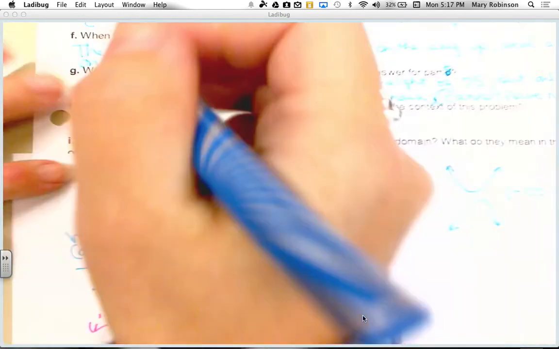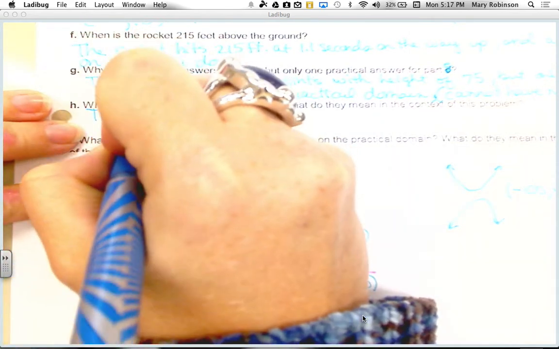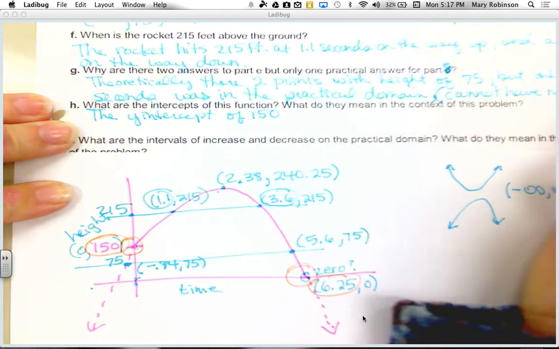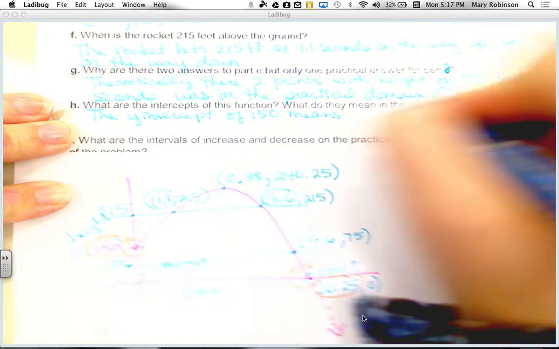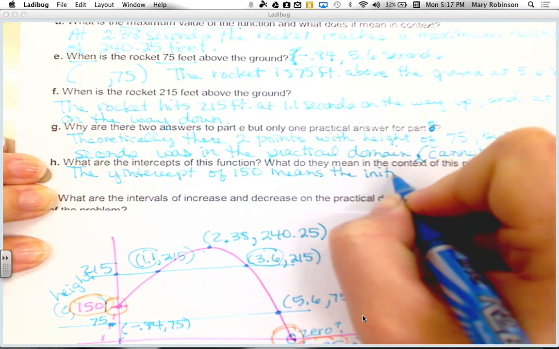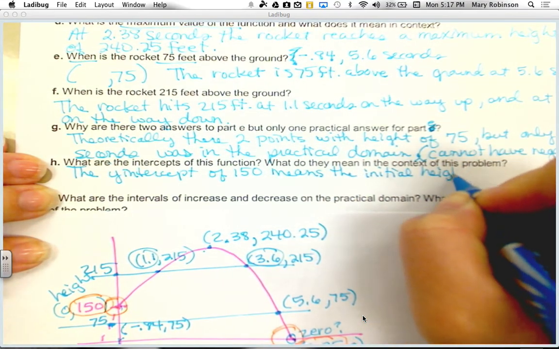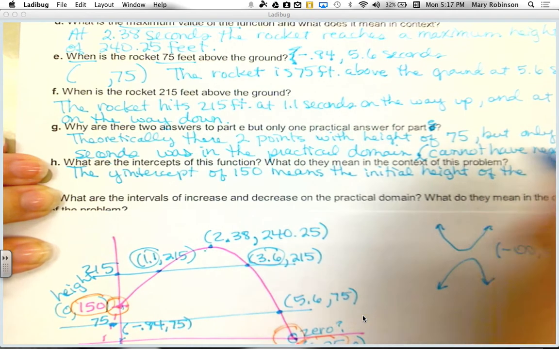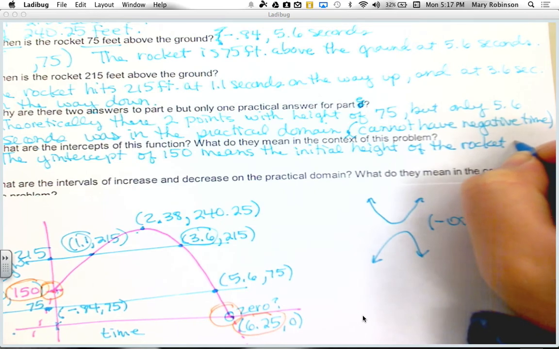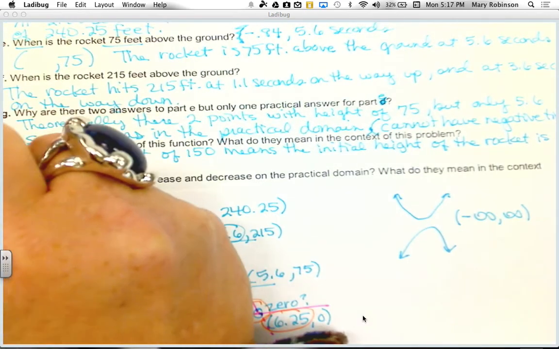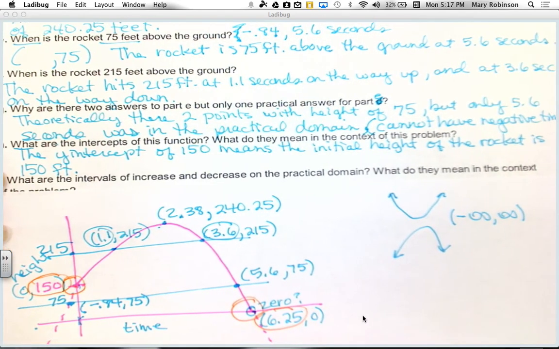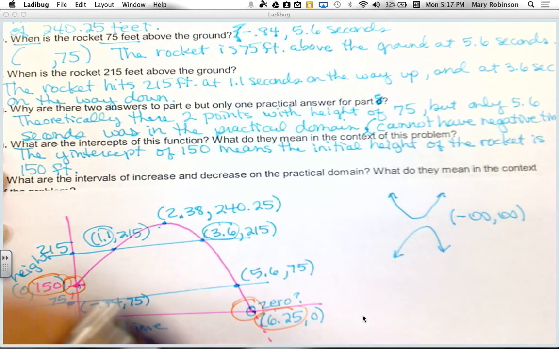I would say the y-intercept of 150 means the initial height of the rocket is 150 feet.